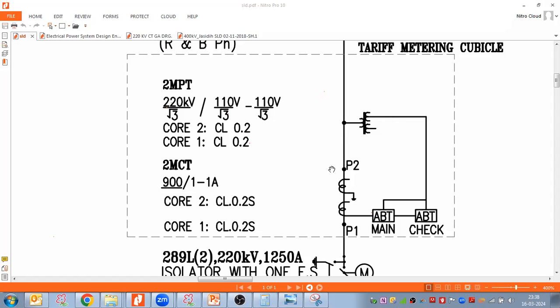So there might be a case where they design the CT with a low saturation level. So they might be using the protection PS class CT with ABT meters with low saturation level. That could be a possibility. Yes, yes.